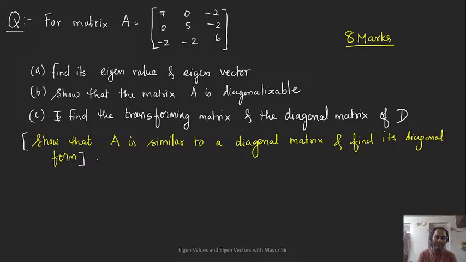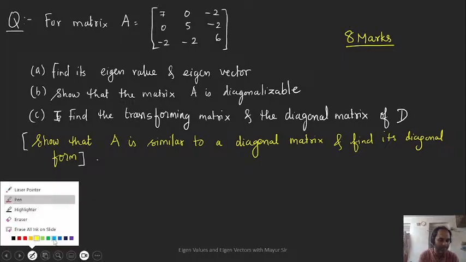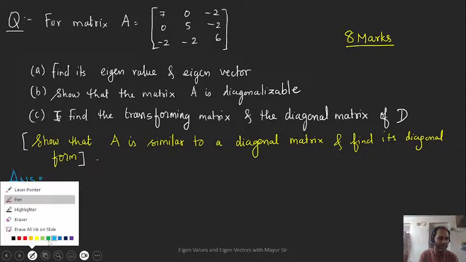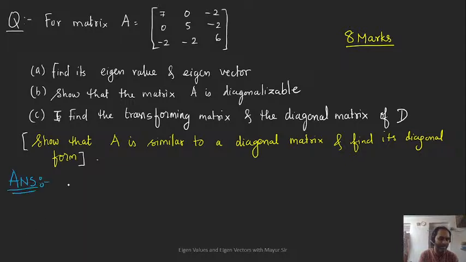So step number 1 is we will go for the answer here. The first step is we write let Ax equals lambda x. Always remember that in any eigenvalue eigenvector question, in order to find the eigenvalues and the eigenvectors, you must write this as the most important step: let Ax equals lambda x, x not equal to 0.